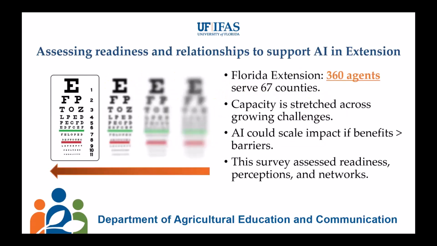I want to make sure that every single faculty member in the county extension offices wants to use AI. We have 360 county extension faculty and agents across 67 counties, and I have to make sure AI could scale impact if benefits outweigh barriers. So this study is about readiness, perceptions, and social networks.